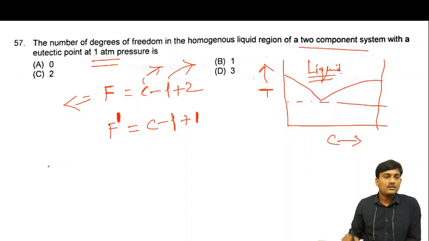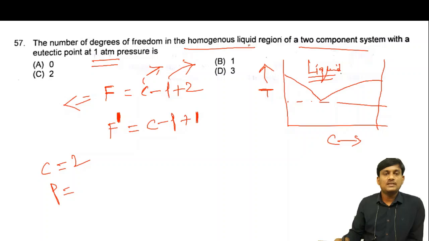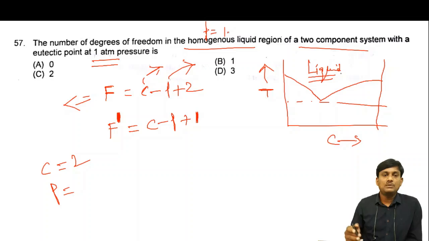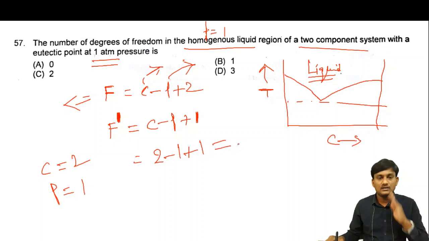Here it's a two-component system. C is equal to 2. Homogeneous liquid means how many phases will be there? Only one phase. If you take any homogeneous liquid or solution, the number of phases will be 1. So P is equal to 1. So C minus P plus 1 is equal to 2 minus 1 plus 1, it will be equal to 2.